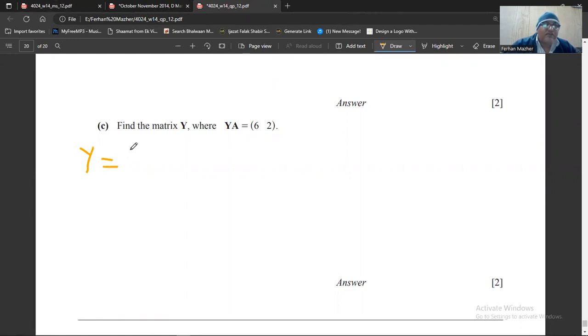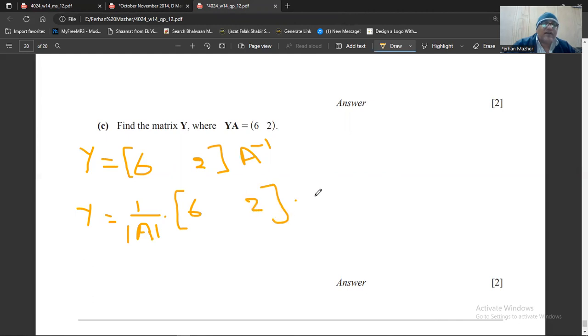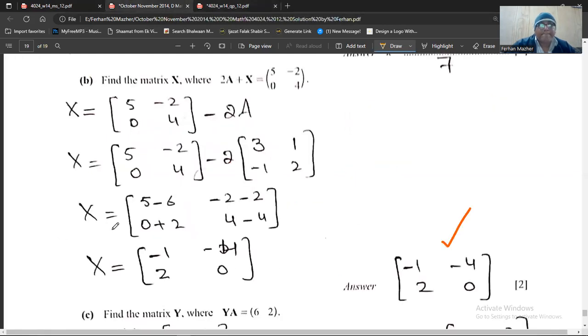So Y will be equal to this matrix, which is 6 and 2. And here you will have the A inverse. Okay. So I will write the 1 by A determinant first because I don't want to complicate the question. So into the 6 and 2, and here I will write the adjoint of the A. Okay, this is the strategy.